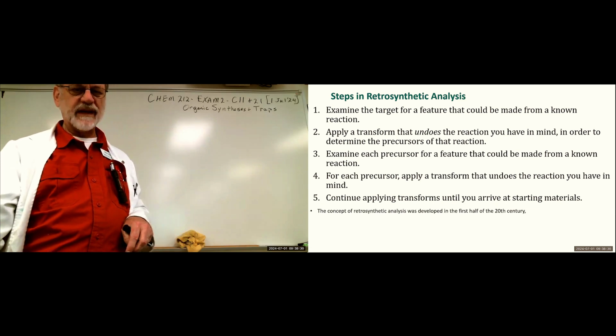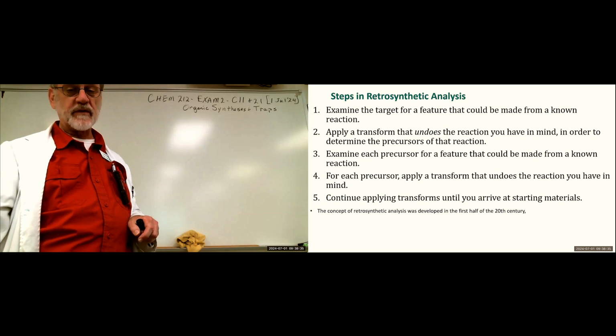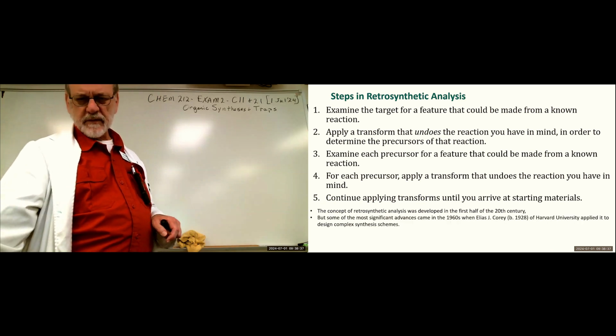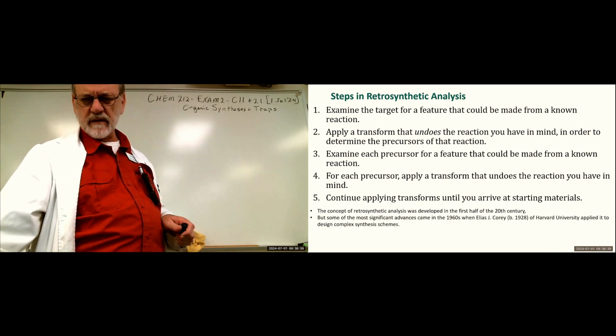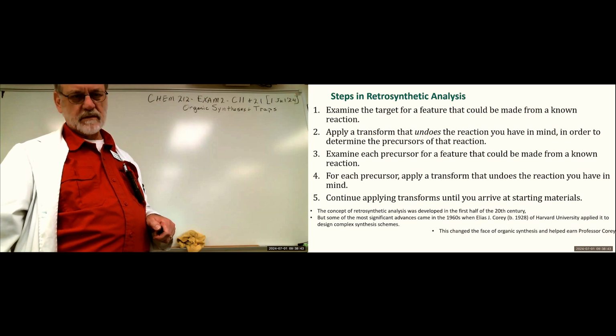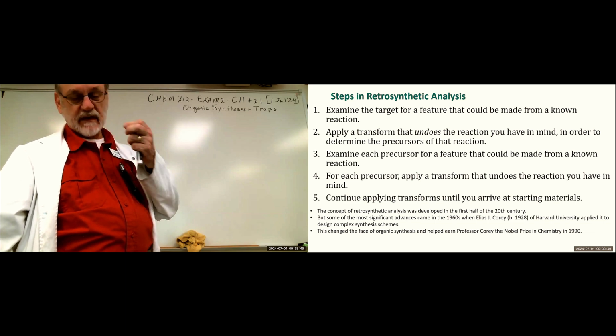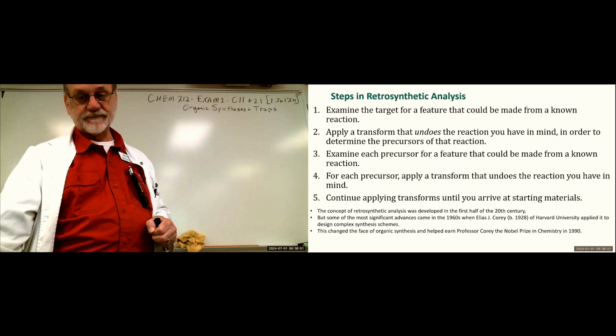Oh, this is a little history. Retrosynthetic analysis was developed in the first part of the 20th century by Elias Corey, Harvard University. Yeah, he got a Nobel Prize for it.